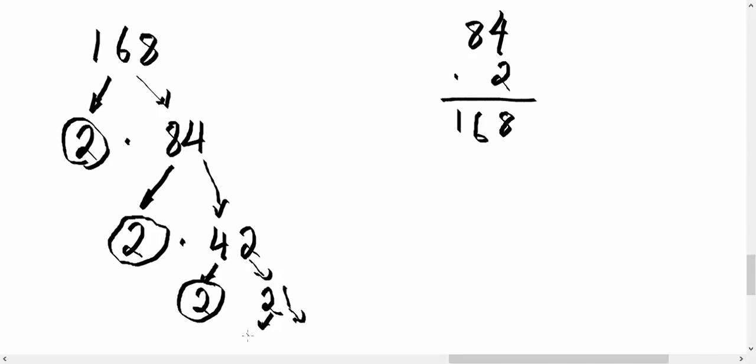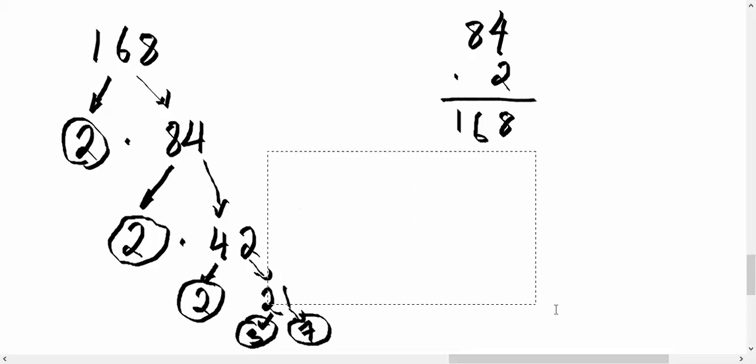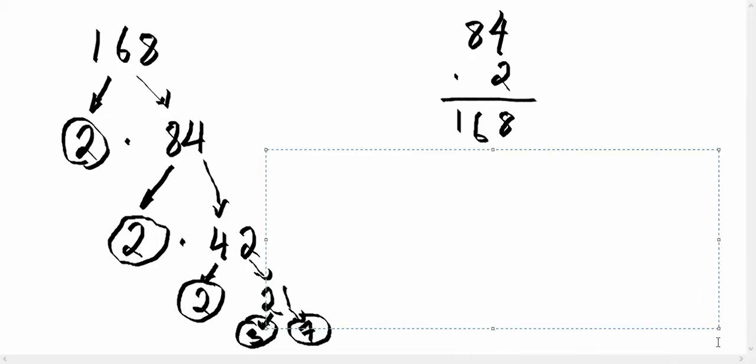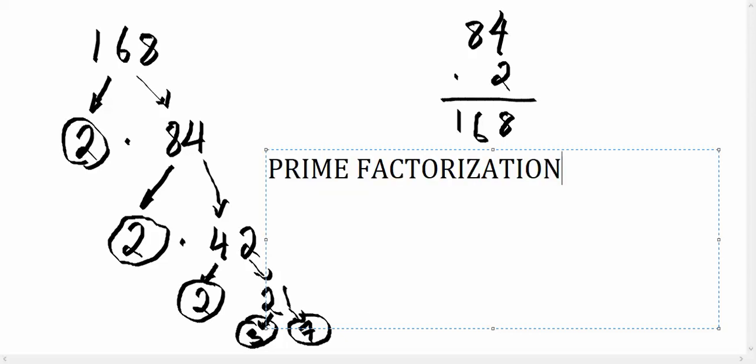Now that's something I recognize. That's going to be 3 times 7. All right, so let's write this in text. So then the prime factorization is going to be 2 times 2 times 2 times 3 times 7, right?